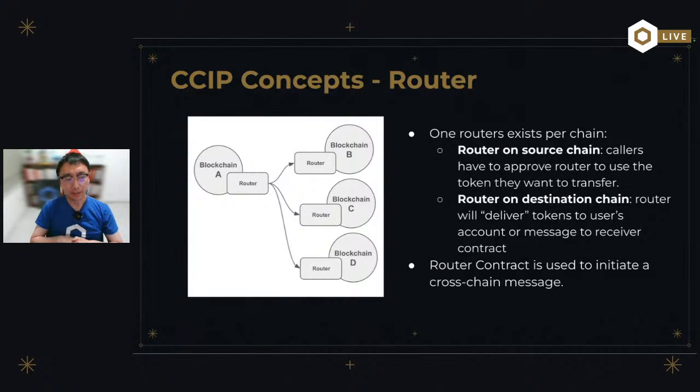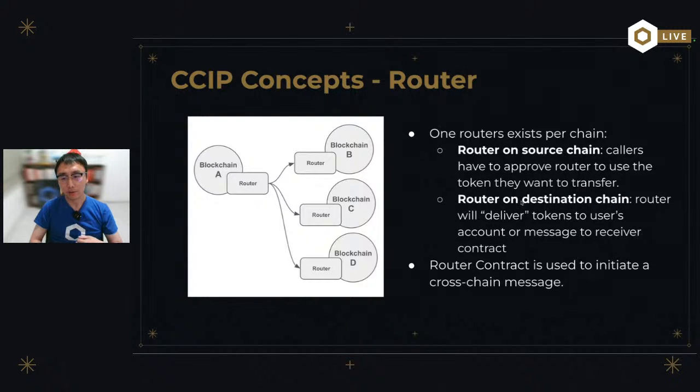So router is like a universal bridge smart contract deployed on each chain. For every different blockchain, we only have one CCIP router. On the source chain, the router is responsible for routing your message from A to B. You need to tell it the chain selector and the receiver address on blockchain B, and the router can make sure your message is sent to the right place.